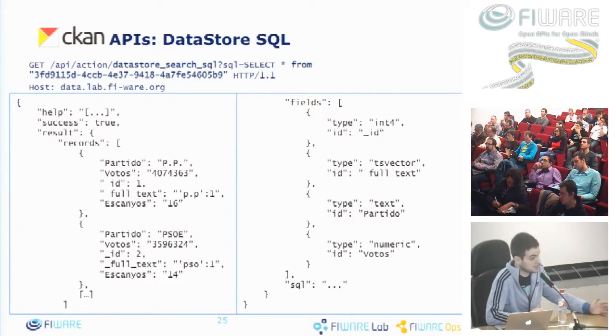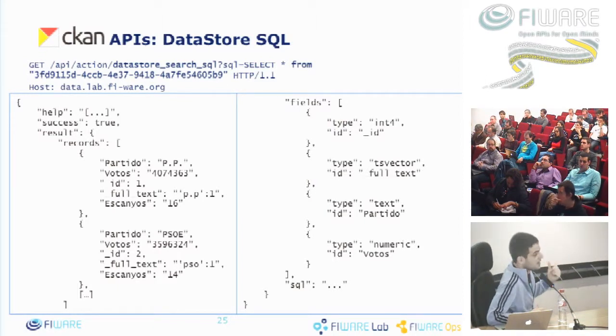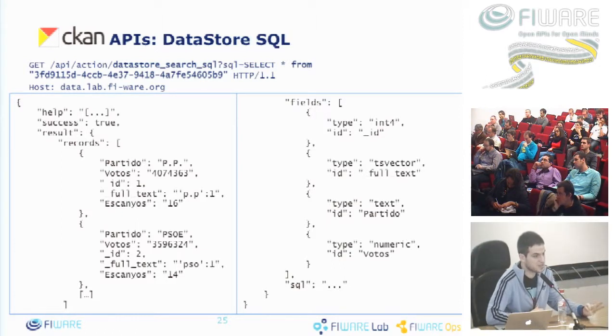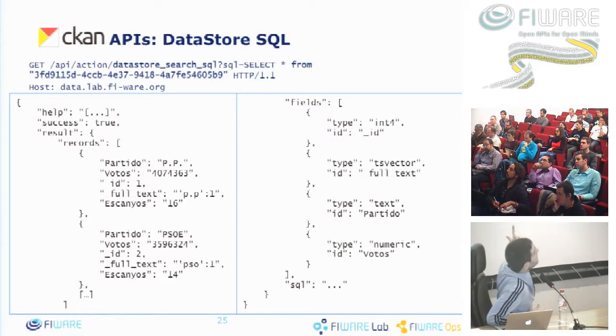It's just another extension, so you have to enable it to have this type of API. And in this, we have three different types of access to data. The first one is performing SQL queries against a URL.